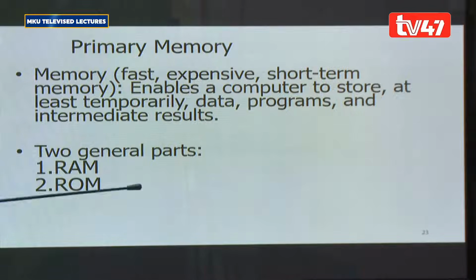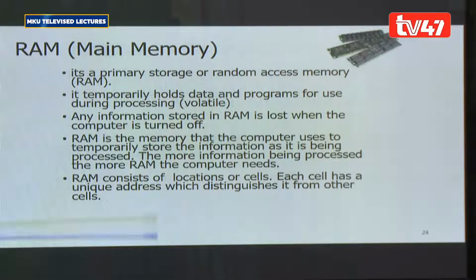We have the read-only memory, and the random access memory. So the RAM, that's the abbreviation of the random access memory. It temporarily holds data and programs for use during processing.